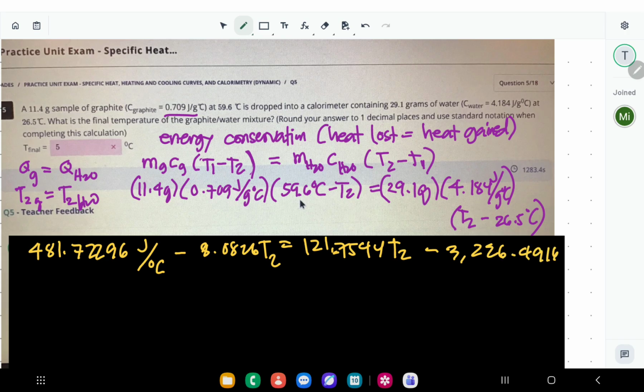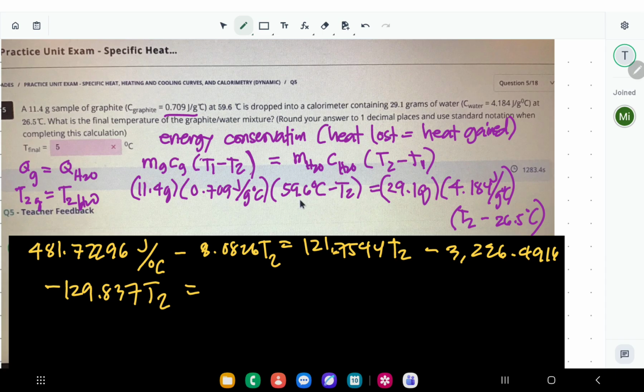And then we group like terms together. 121.7544 plus 8.0826, that is negative 129.837 T2. Then 481.72296 plus 3226.4916. A lot of numbers here.